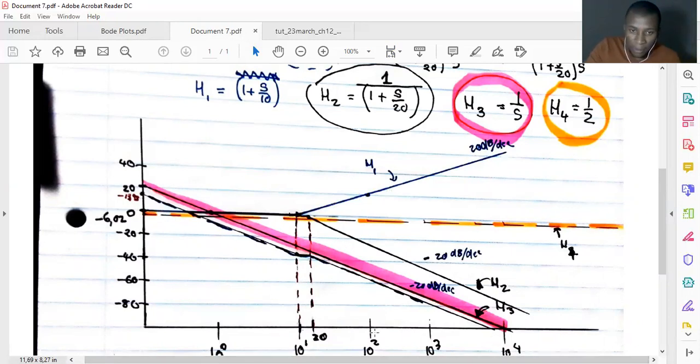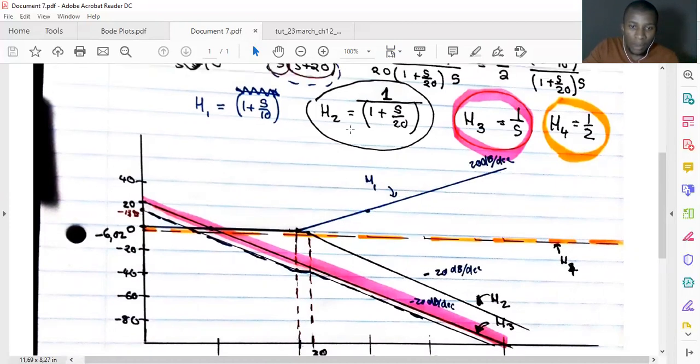This is a decade. So magnitude of 20 per decade. So I just went to 20, drew a point, and then connected, and that was my slope for accuracy, if need be. But you could literally just indicate that this is 20 decibels per decade, if you don't want to indicate a perfect value. So it runs from 0 to a value of z, which is 10, increases at 20 decibels per decade.